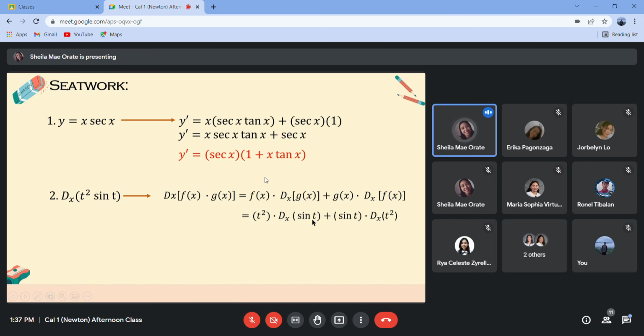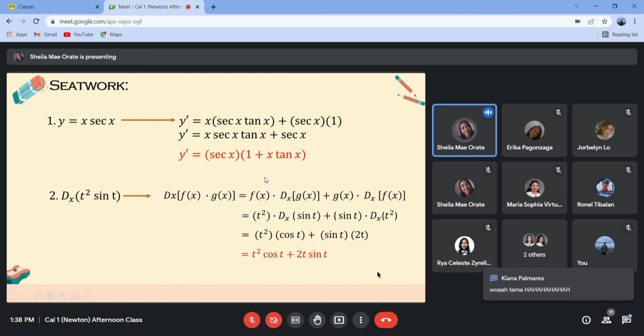For t squared, we apply the power rule: bring down the 2 and subtract 1, so we have 2t. So we have t squared times cosine t plus sine t times 2t. Our final answer is t squared cosine t plus 2t sine t. Kiana got it right.